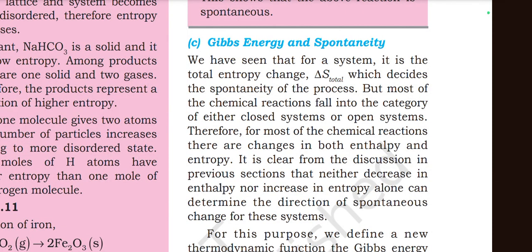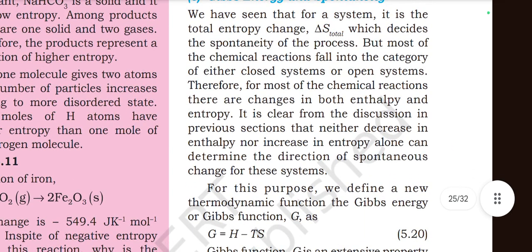Gibbs energy and spontaneity. We have seen that for a system, it is the total entropy change, delta S total, which decides the spontaneity of the process. But most chemical reactions fall into the category of either closed system or open system. Therefore, in most chemical reactions there are changes in both enthalpy and entropy.